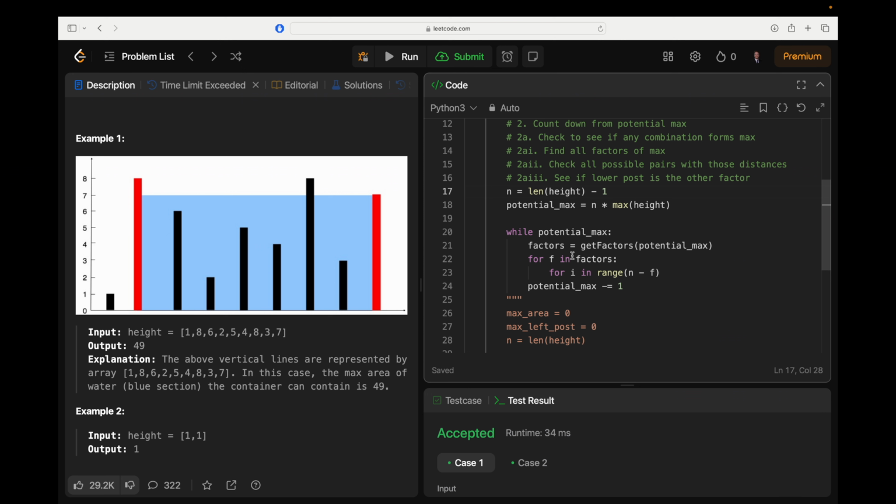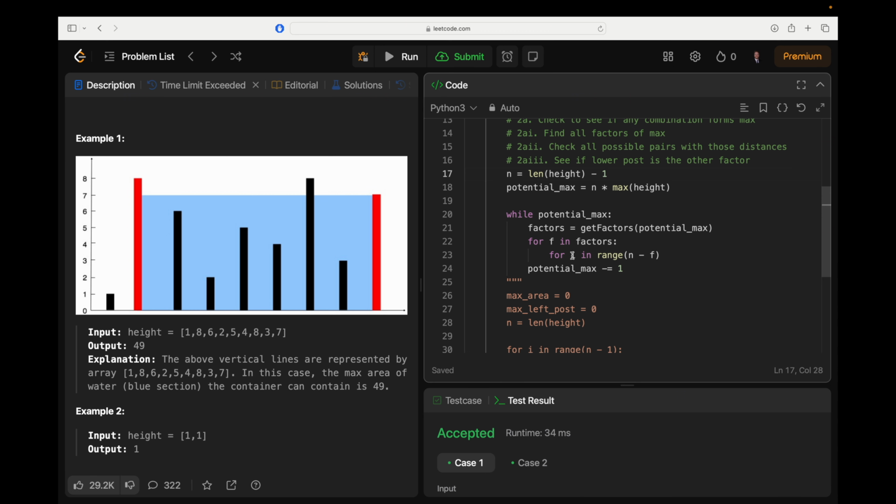Okay. Potential max is the distance between the furthest possible posts, minus 1, times the max height.